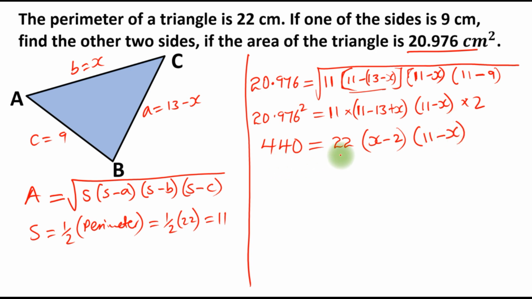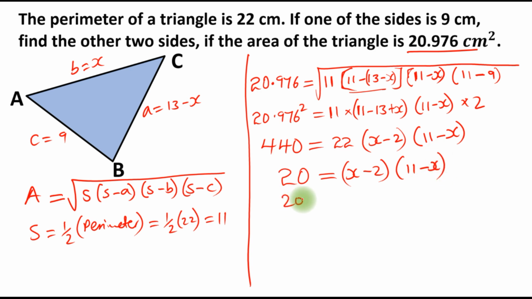We can divide both sides by 22, and we shall get 20 equal to x minus 2 multiplied by 11 minus x.